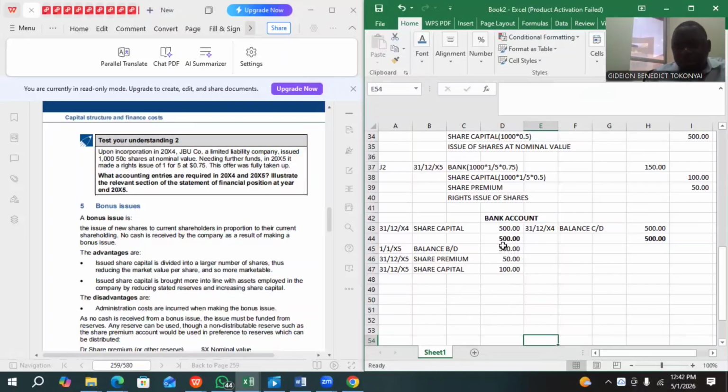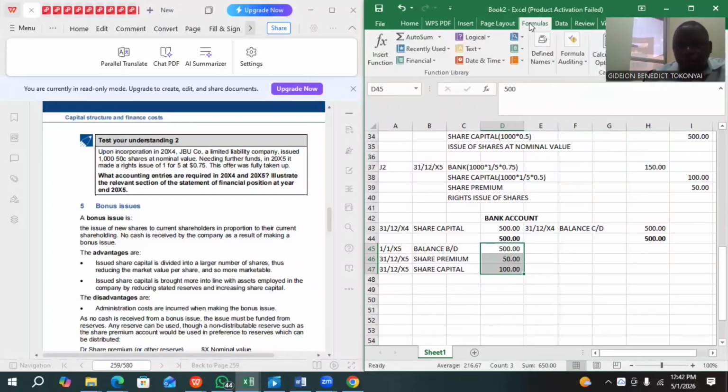If you sum up, you get 650, and the balance is 650.